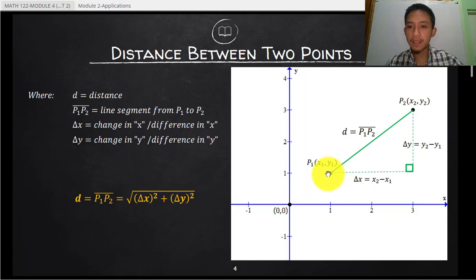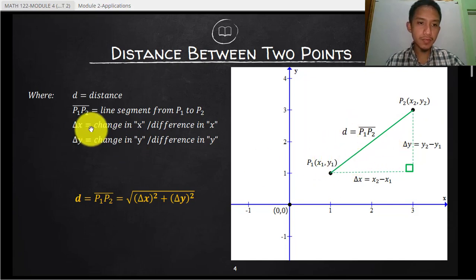It will not stop or terminate. But if we say line segment, there is a certain length for that line. So the straight distance between these 2 points is the same as the length of your line segment if I connect them by a straight line.